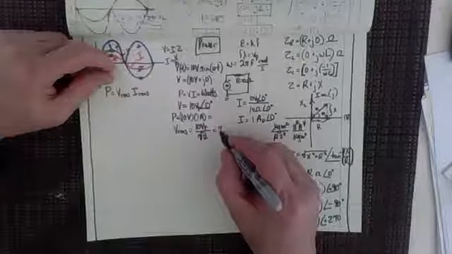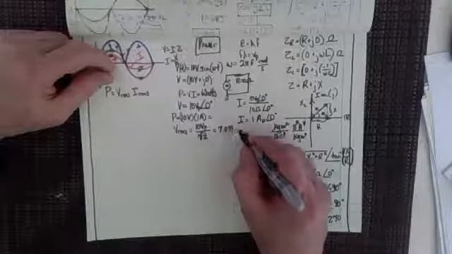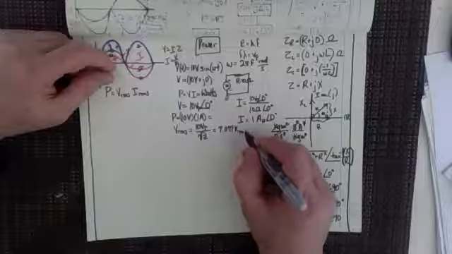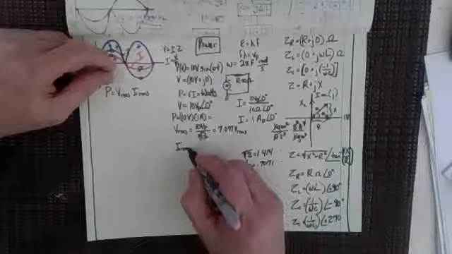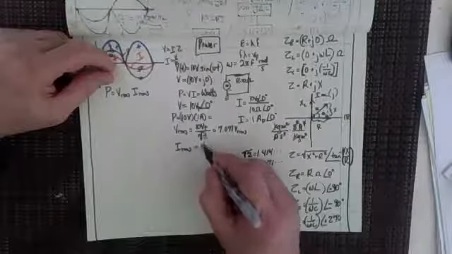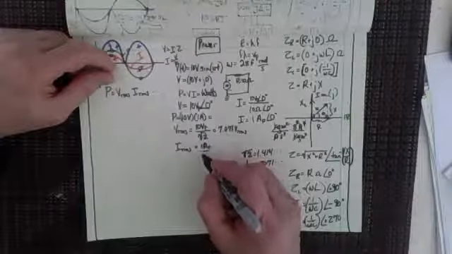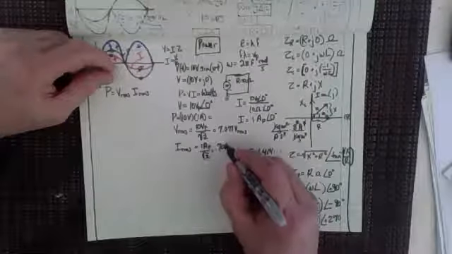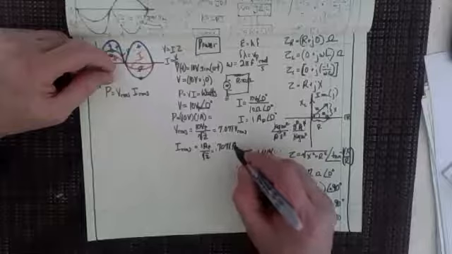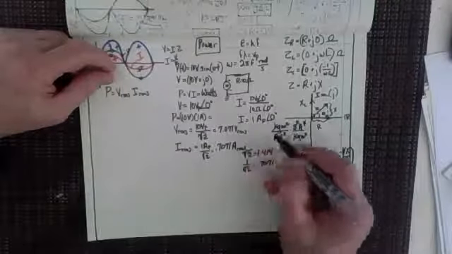So we've really got 7.071 VRMS, right? And when we look at IRMS, IRMS is going to be 1 amp peak divided by the square root of 2, or it's going to be 0.7071 amps RMS.